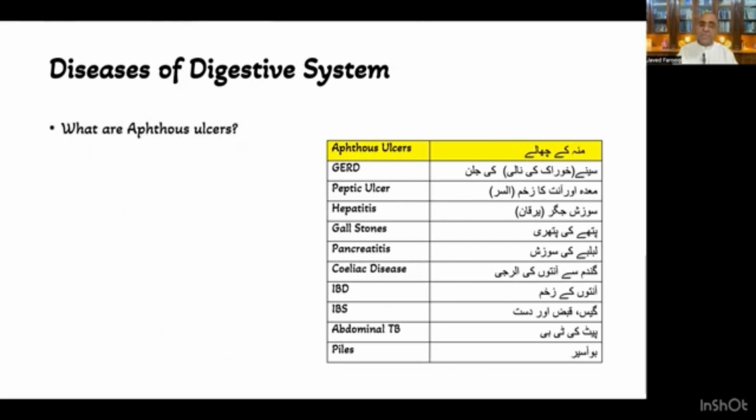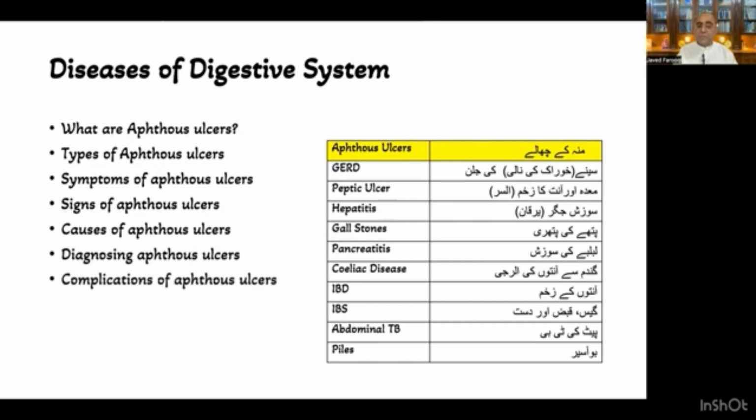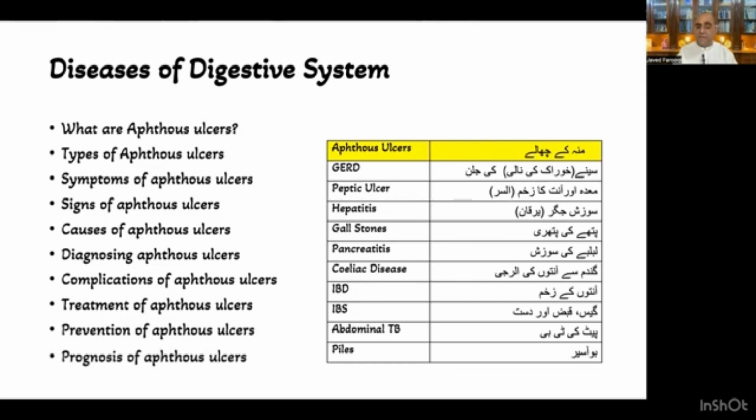In today's lecture, we shall discuss what Aphthous ulcers are, what the types of Aphthous ulcers are, what the symptoms and signs are, how we differentiate it from the malignant ulcers, what the causes are, and then how we diagnose that the ulcer is really an Aphthous ulcer, not a malignant one, and what the complications are, what the treatment is, how we can prevent the occurrence of Aphthous ulcers, and what the prognosis is. So we shall discuss all these aspects in today's lecture.